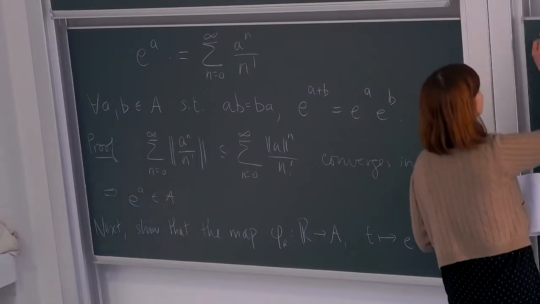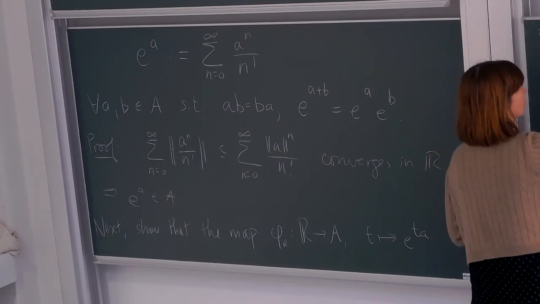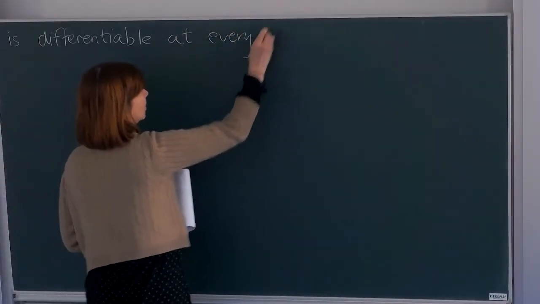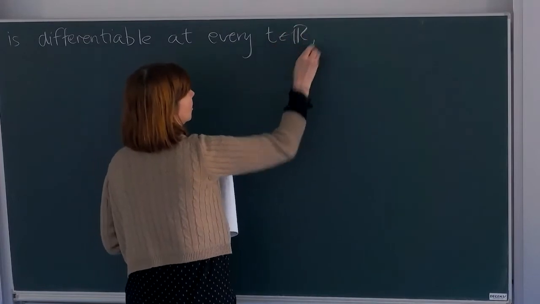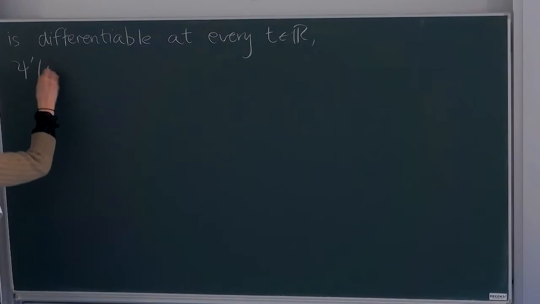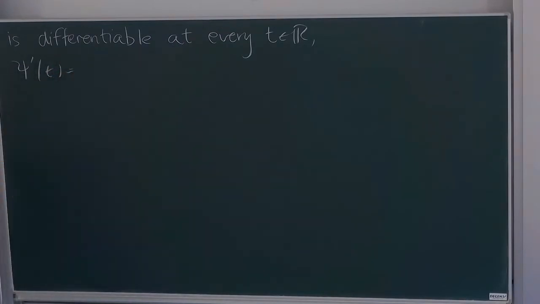This is differentiable at every t in R, and its derivative is given by what you expect it to be. We just take out the A there.